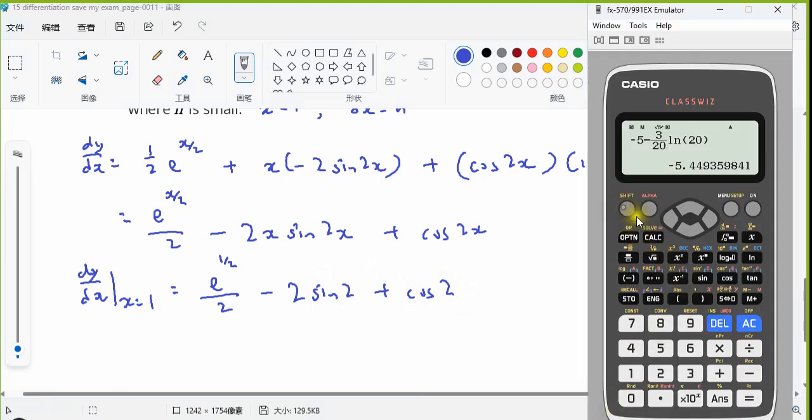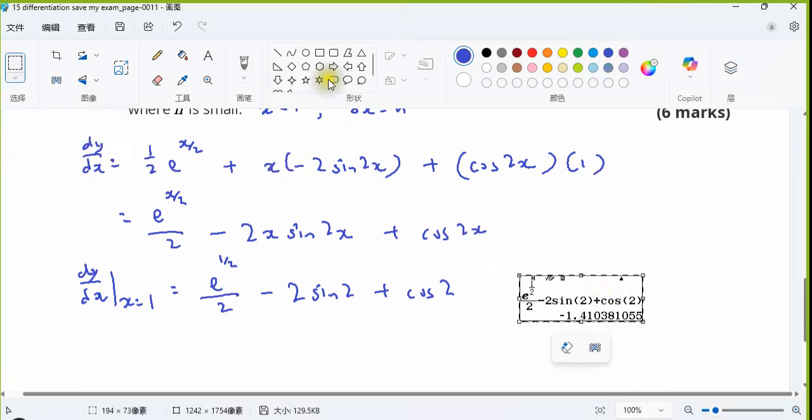So we have e to the power half, and then this over 2, minus, I have to change the angle unit to radians, 2 sin 2 plus cos 2.